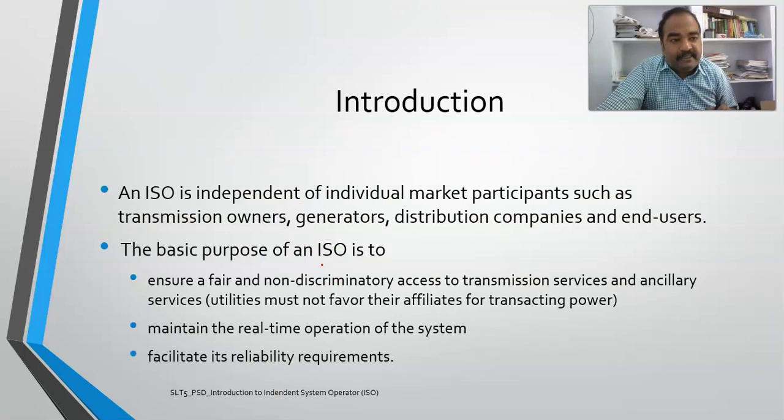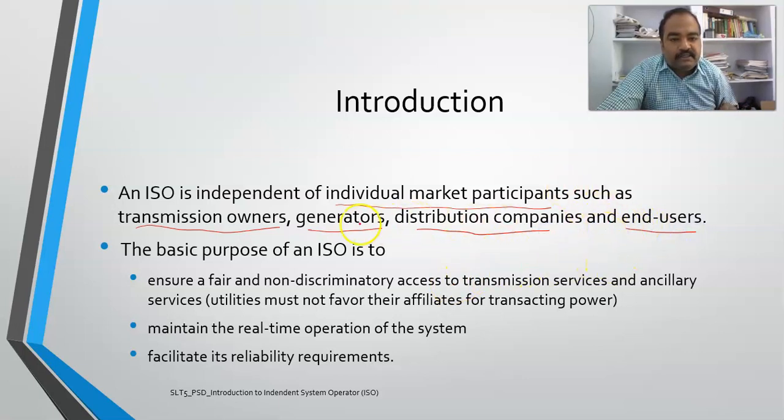Now basically, the independent system operator is independent of the market participants. We have seen in all of the different restructuring models, the common participants are the transmission owners, the TRANSCOs, who predominantly control the electricity transmission services, the GENCOs, who generate or sell the electricity, the DISCOs, who buy the electricity, and finally the customers.